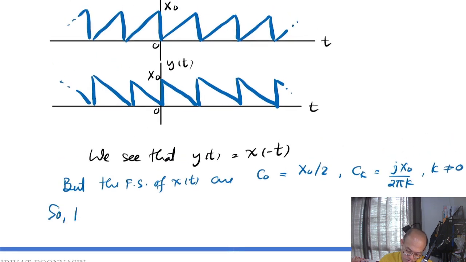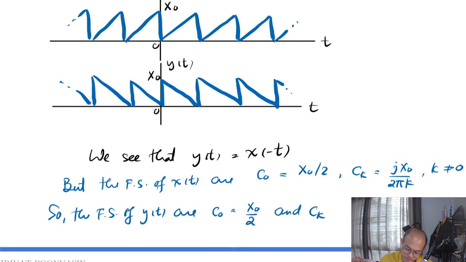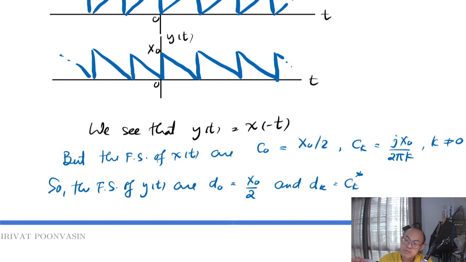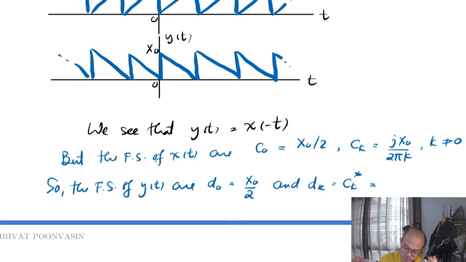So the Fourier series coefficients of yt are, c0 is just c0 because it is a real number. You take conjugate, you get the same result. But for ck, let's denote it by d0. It's just ck conjugate, right? Conjugate means you switch the sign of j, so it is equal to minus jx0 over 2 pi k when k is not equal to 0.